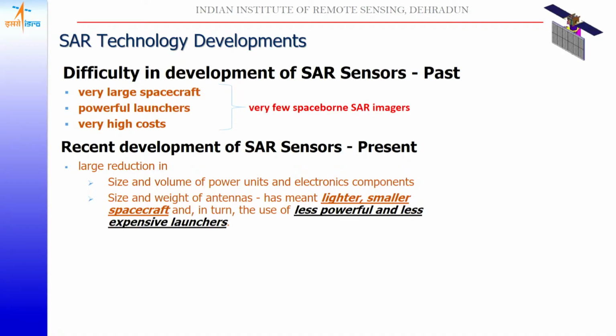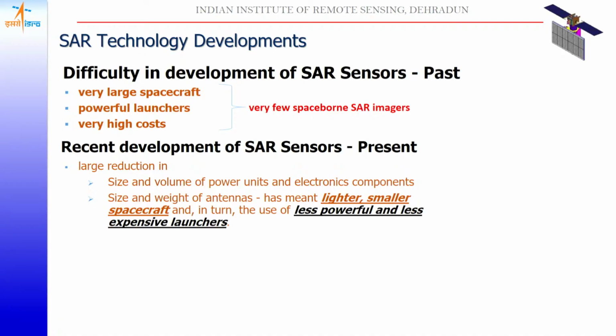Earlier, there was difficulty in the development of SAR sensors because of very large spacecraft, powerful launchers and very high cost, and very few spaceborne SAR images were available. The SAR antennas were very heavy. In recent developments, there is a large reduction in the size and volume of the power electronics and components, and the antennas are becoming smaller and lighter. So the cost to launch a SAR satellite is lower.